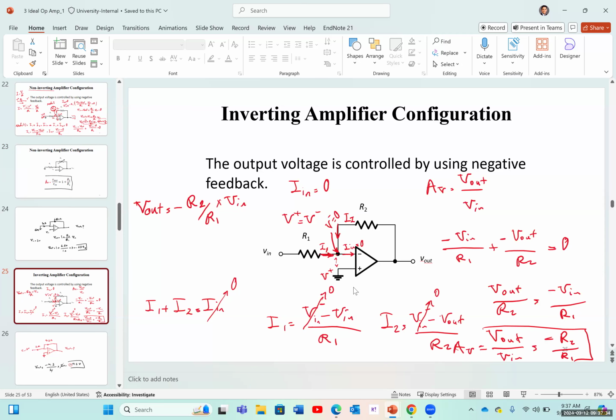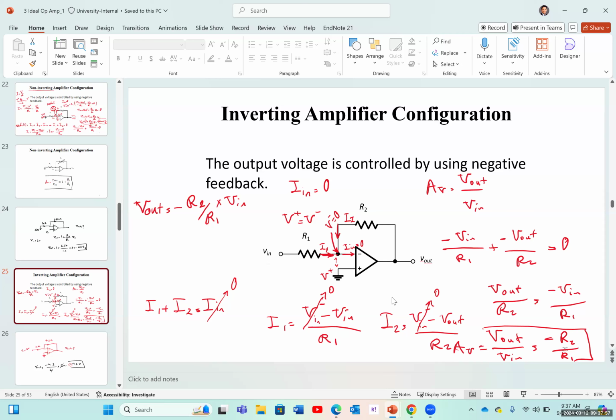For an inverting amplifier, the input voltage is connected to the negative input of the op amp, and the positive input would be connected to the ground. For an inverting amplifier, the gain would be negative.